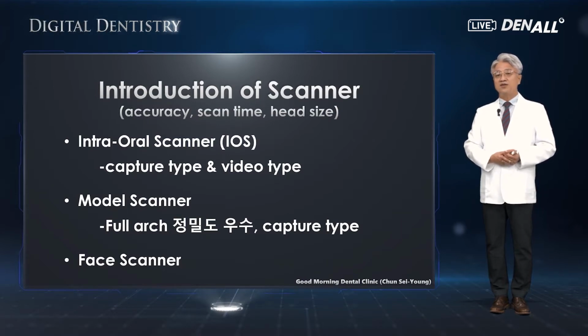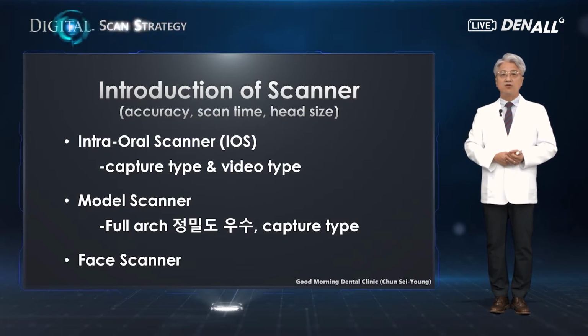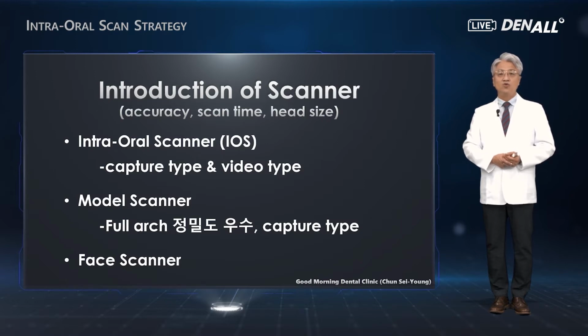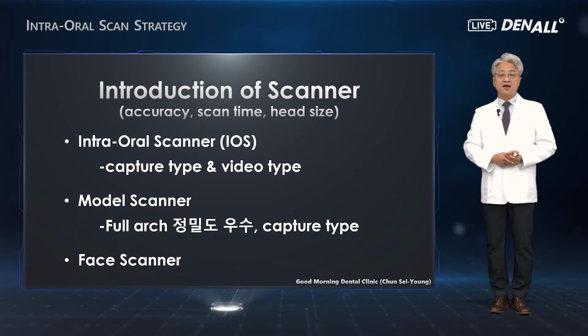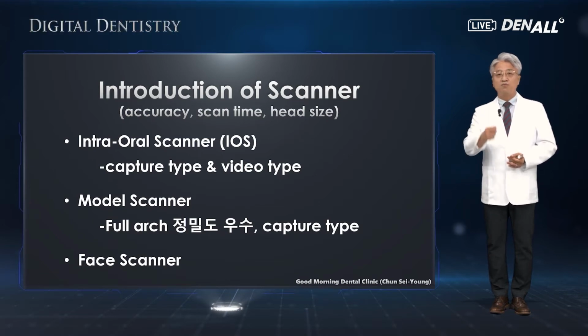Intraoral scanner is more precise when you use video type, but the model scanner is capture type, and it is helpful in terms of time, but there's one disadvantage. The rubber impression should be prepared, and the stone model should be prepared for a patient. That is the limitation with the model scanner.